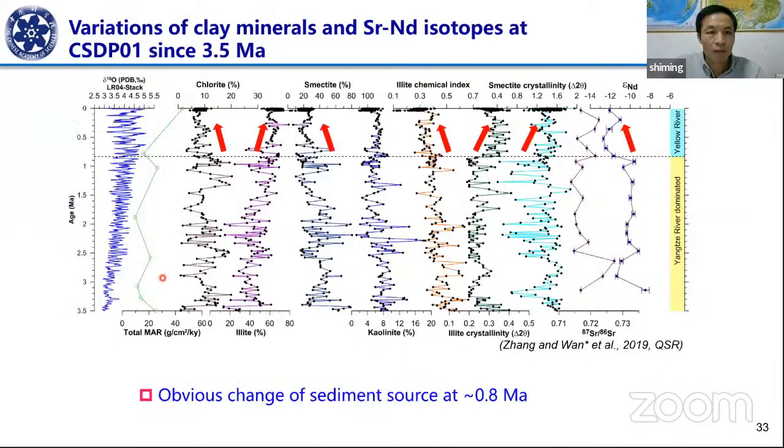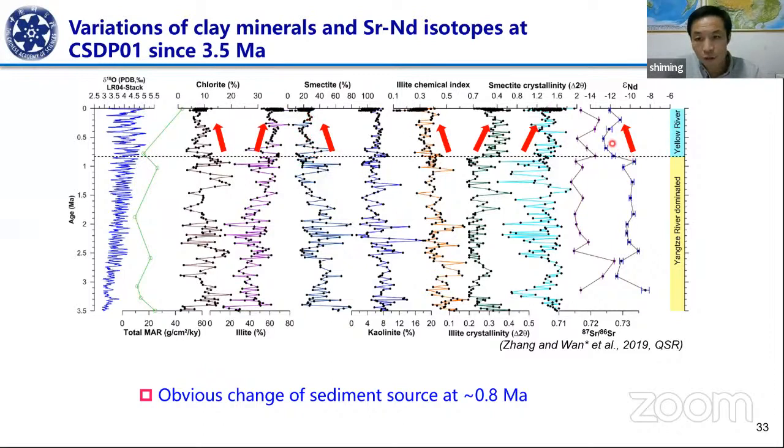This is the variation of clay minerals and strontium and neodymium isotopes for the study site since around 3.5 million years. We observe the smectite content rapidly decreased from 40% to 20% since around 0.8 million years.